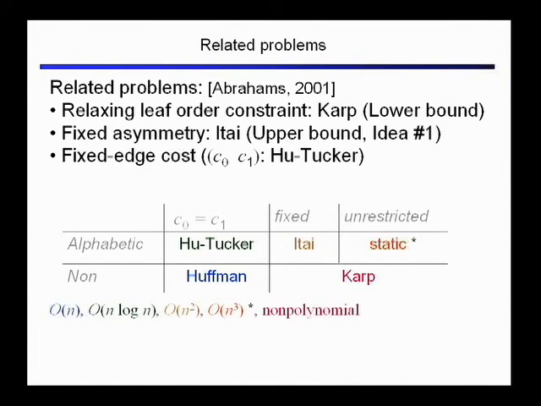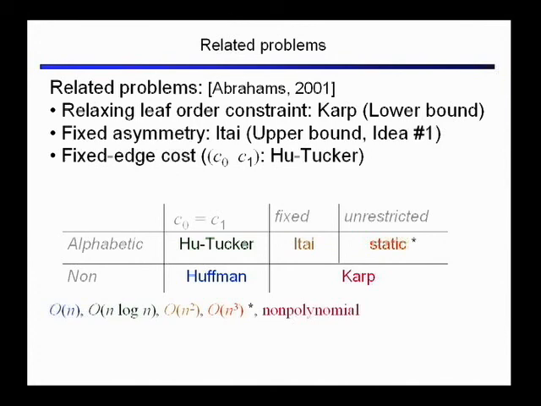And because it's a relaxed version of this problem, if you solve the CART problem, the solution will be slightly quicker, or exactly the same time as the problem that I'm considering now. So it's a good lower bound for performance. A good upper bound for performance is the case 1 that I talked about, if you assume that the asymmetry is fixed. And that is what I'll call the Itai problem, after the person who looked into that particular problem.